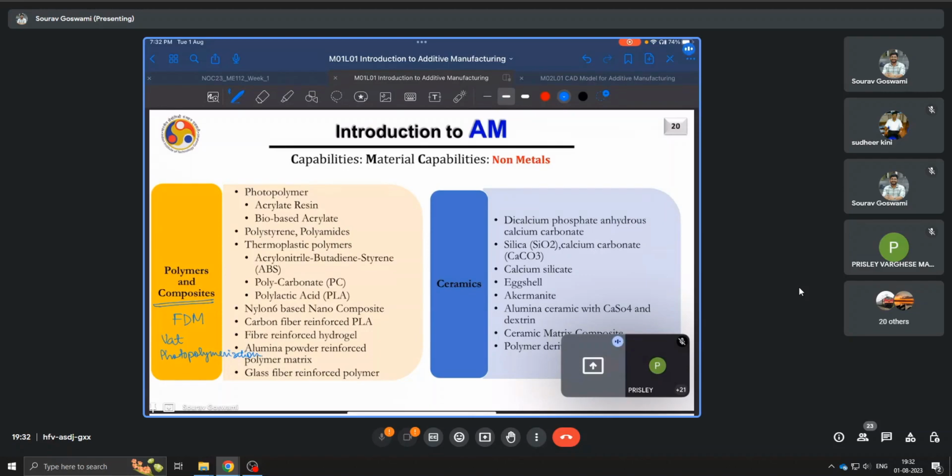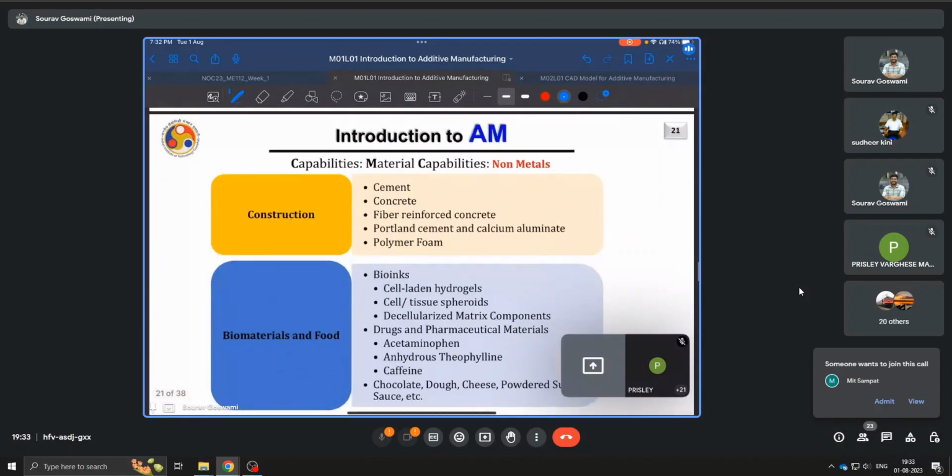We also have ceramics. At IIT Bombay, we have a ceramic 3D printing setup. It is somewhat similar to a VAT photopolymerization construction.